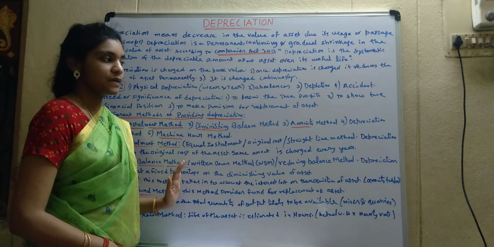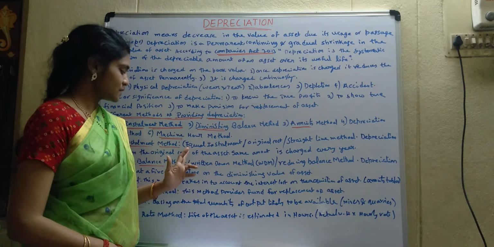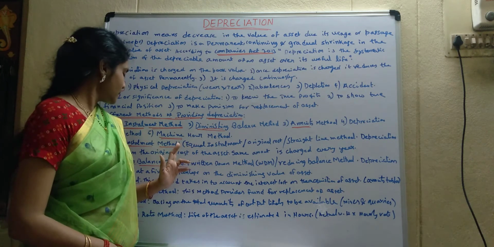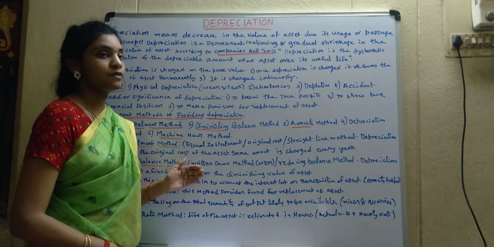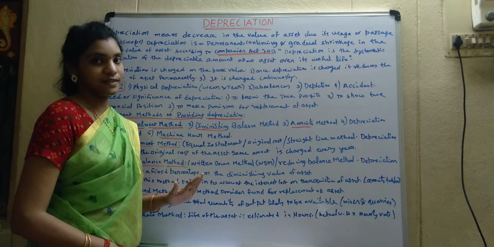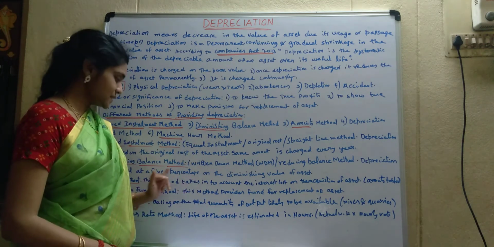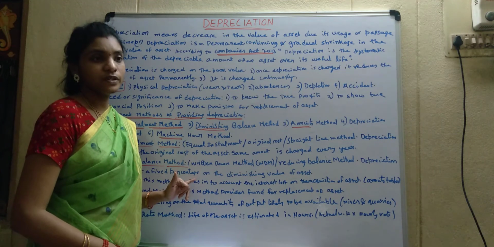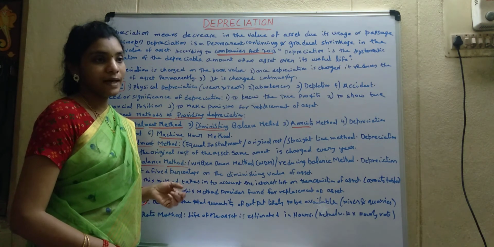The percentage of depreciation may not change, but in the fixed installment method we charge depreciation on the original cost of the asset, but in the diminishing balance method we charge depreciation on the reducing balance.